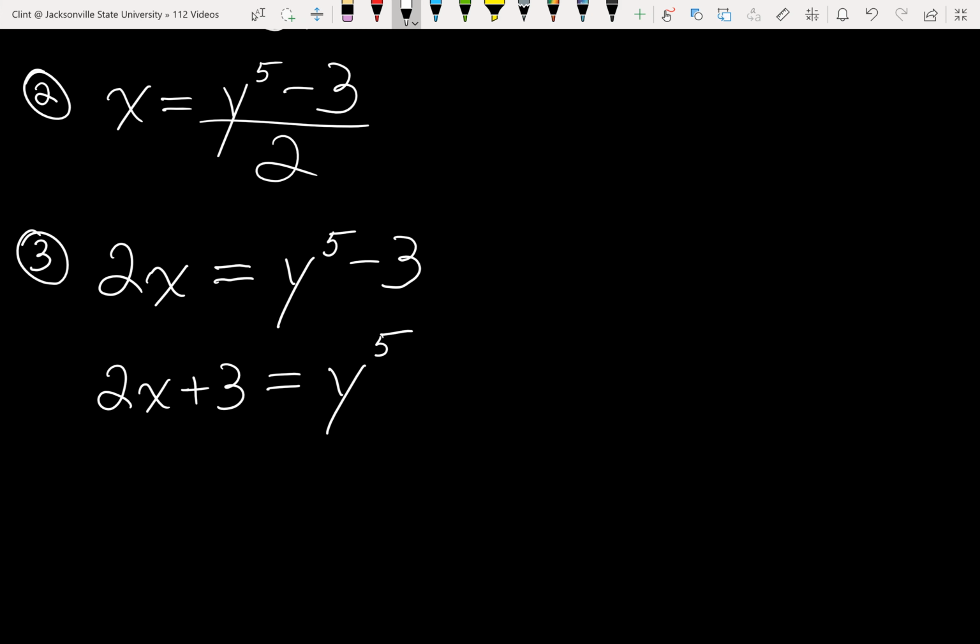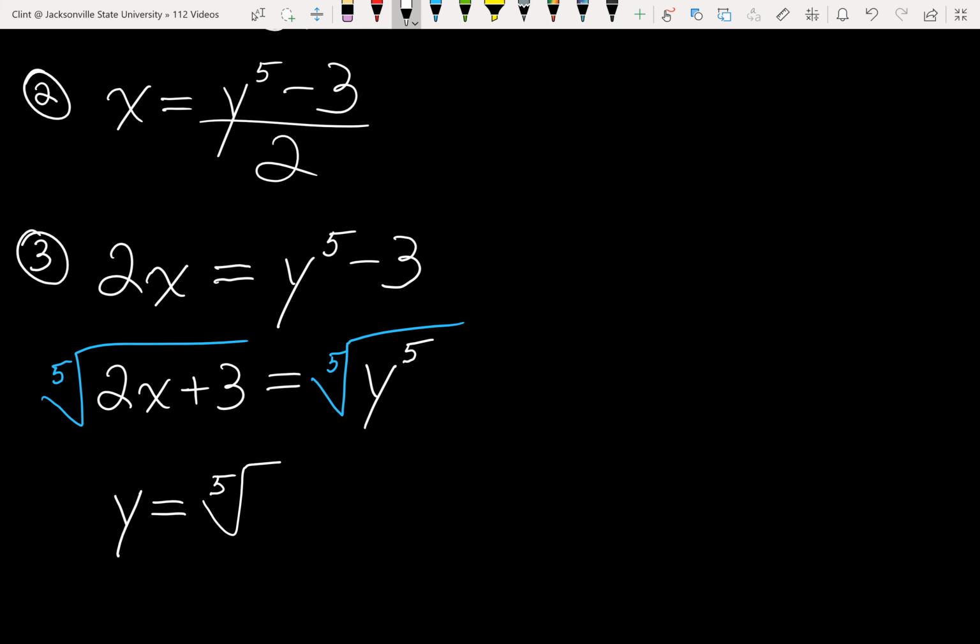But I don't want y to the 5th, I just want y. Let me make a little room here. So what can I do to get rid of that y to the 5th? I can take the 5th root of both sides. Okay. So that'll give me the 5th root of y to the 5th is y. And that equals the 5th root of 2x plus 3.